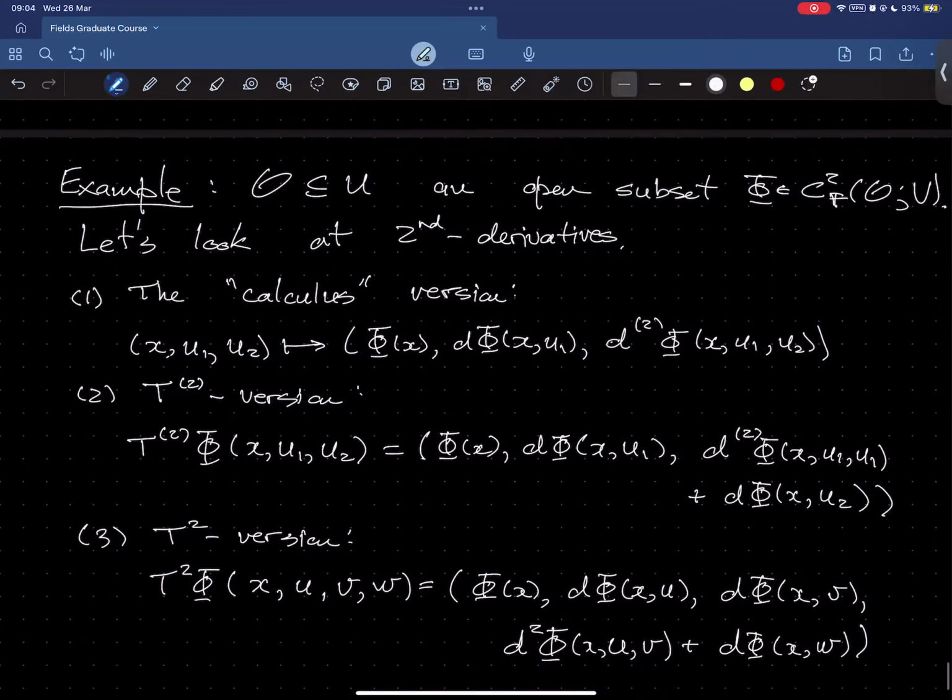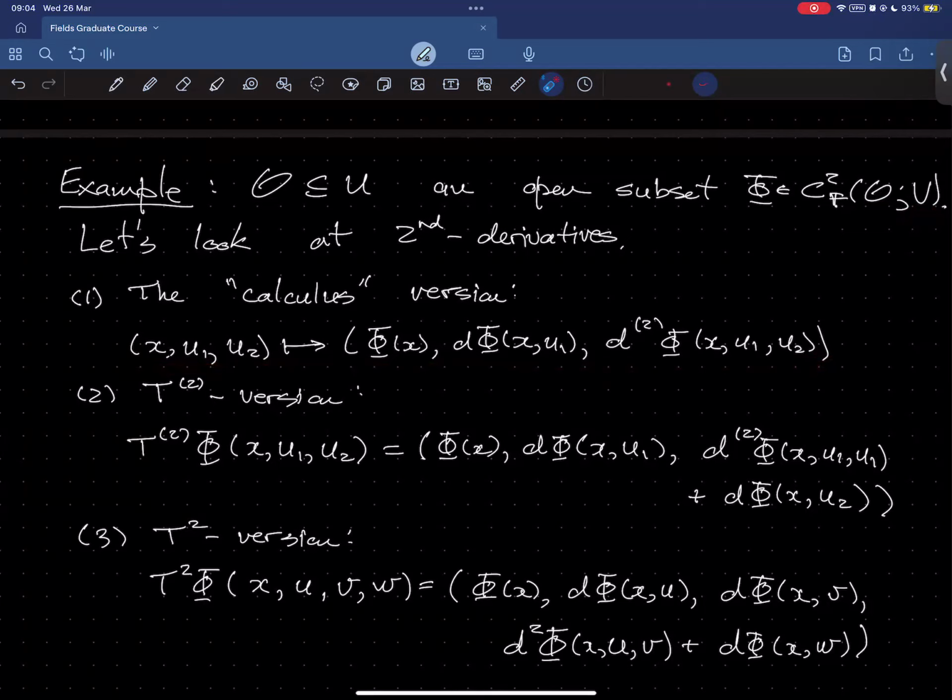All right. Okay, so I have an open subset O of a locally convex space U, and I have a mapping, and I'm just going to consider second derivatives. So let's just say the mapping is C2, going from this open subset into another locally convex space V. So we had previously talked about derivatives, of course, and you can think of bundling the first two derivatives together into one thing, which is this mapping that I've written out here.